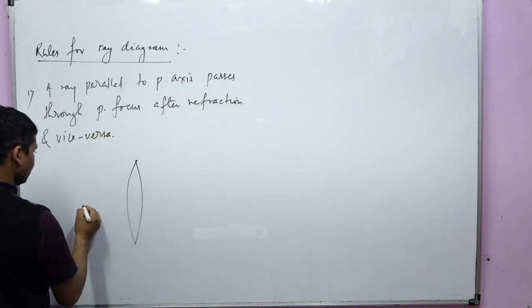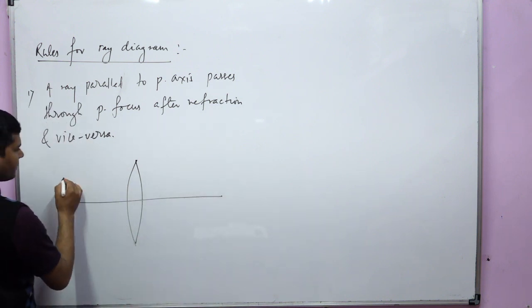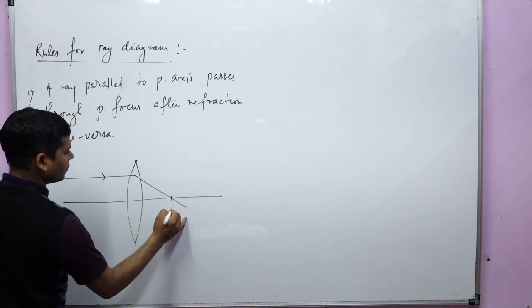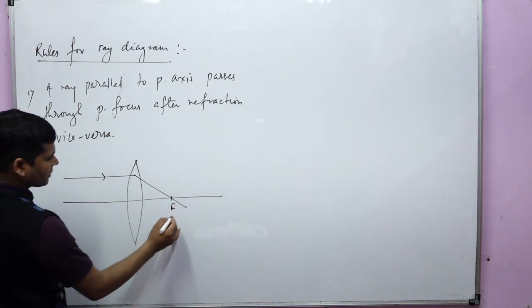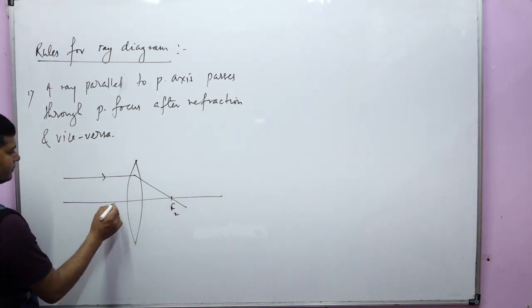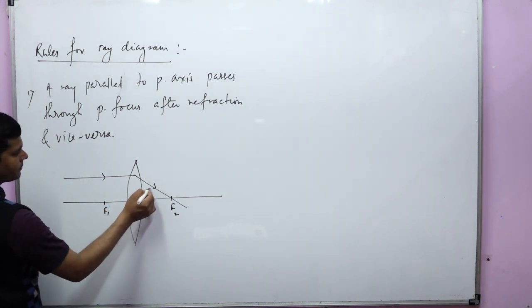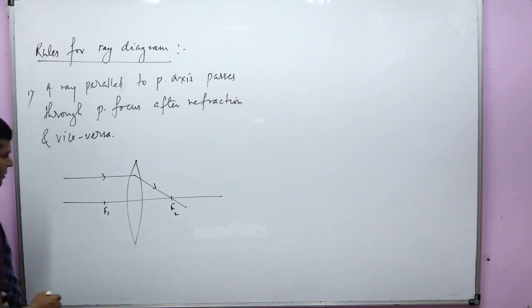Suppose there is a ray which is passing parallel, then it will pass through the principal focus. Now, the reverse is also possible.